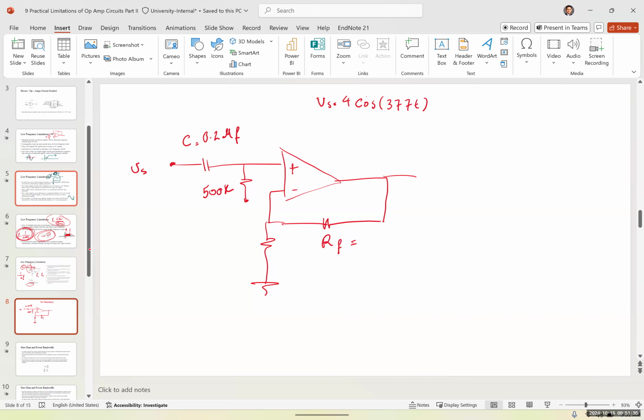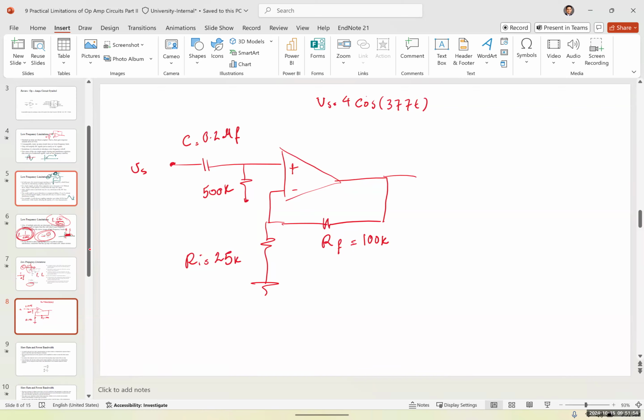The feedback resistor is 100K. Ri is equal to, let's say, 25K.